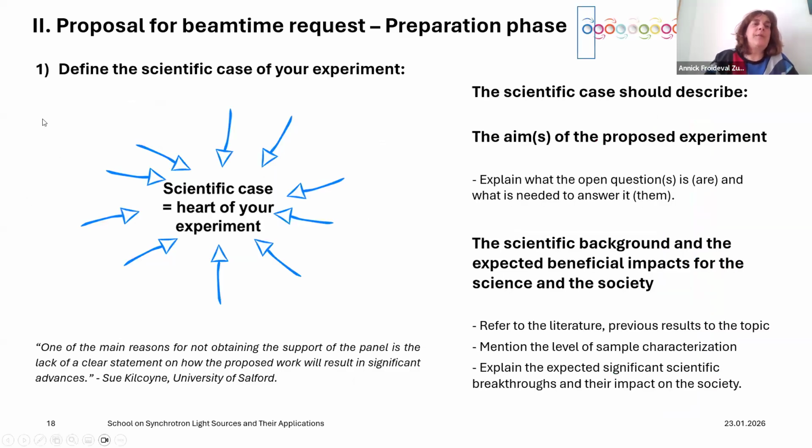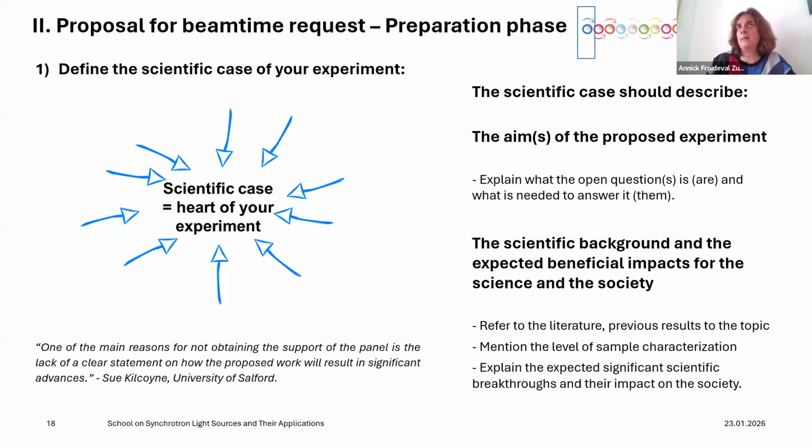First, you define the scientific case of your experiment. You remember point 1 on the previous slide. So the scientific case should describe the goal or the goals of the proposed experiment. That means the open questions that you would like to answer and that need to be answered.